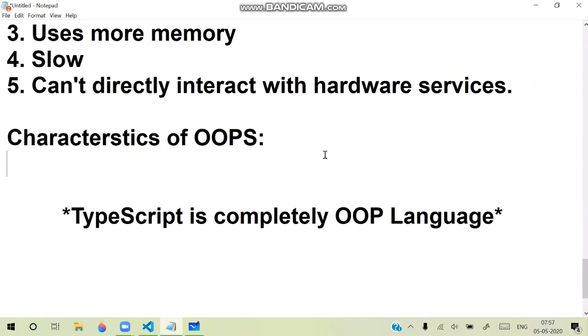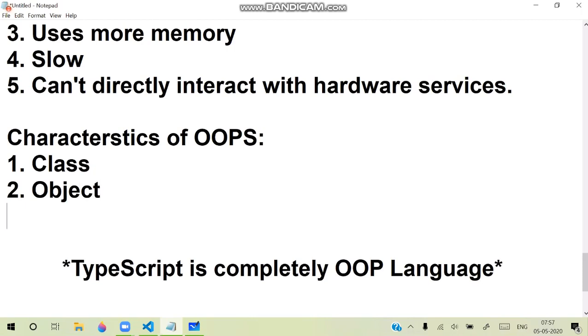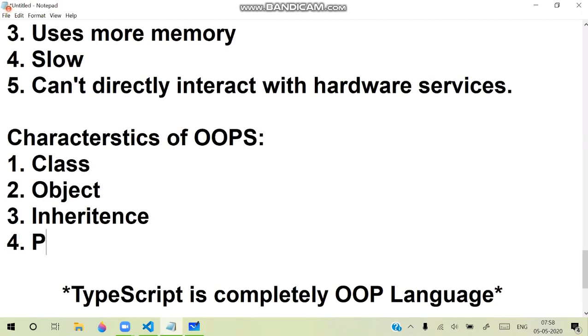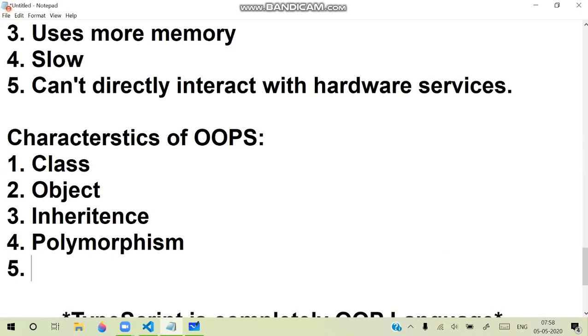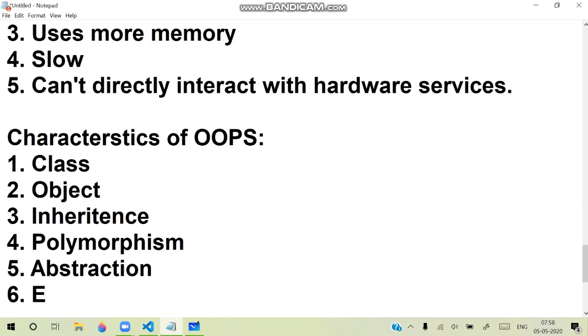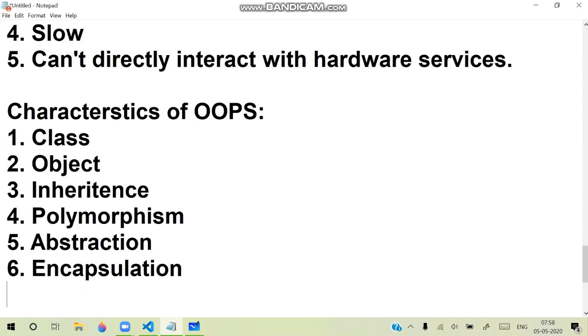In the OOP characteristics, you have to know about a class, an object, inheritance, and it has polymorphism, abstraction, and encapsulation. These are all the characteristics of object-oriented programming.